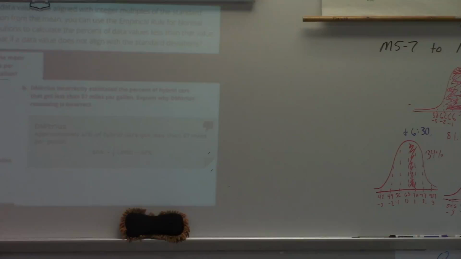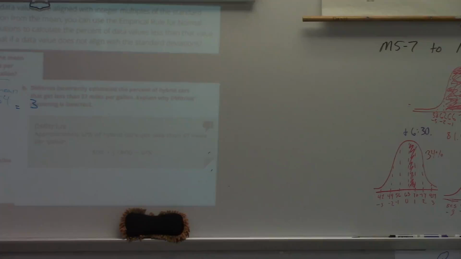So let's look at another way to find that. Let me point this out. How far away is 57 from the mean? 3. How did you get that though? So you took 57 and you subtracted 54, which is the mean. And notice the standard deviation was how much again? 6. So what could I do to this 3 to get 1/2?